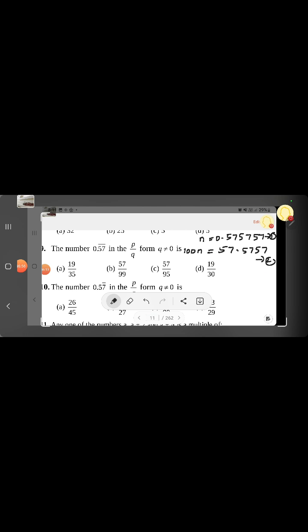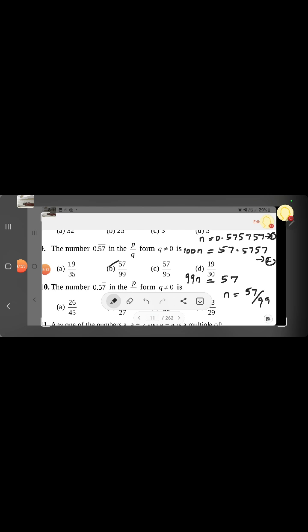Now let's subtract 1 from 2. We get 100n minus n is 99n, which is equal to 57.5757 minus 0.5757. So we get 57. So n is equal to 57 by 99. Okay, 57 by 99 is the p by q form of the given decimal expansion 0.57 bar.